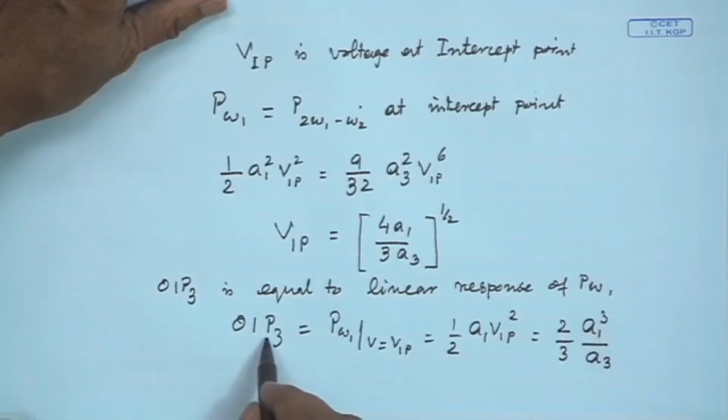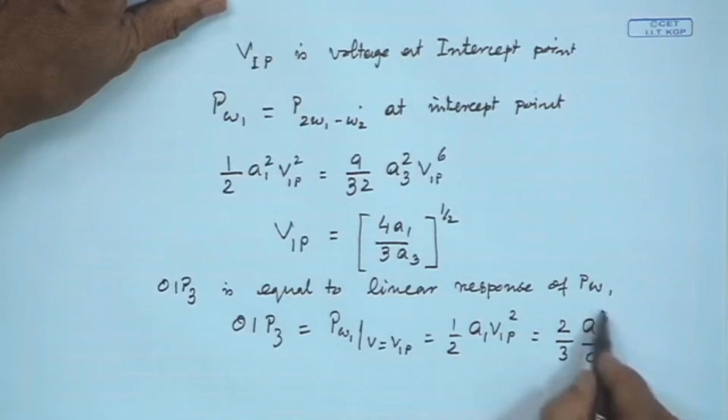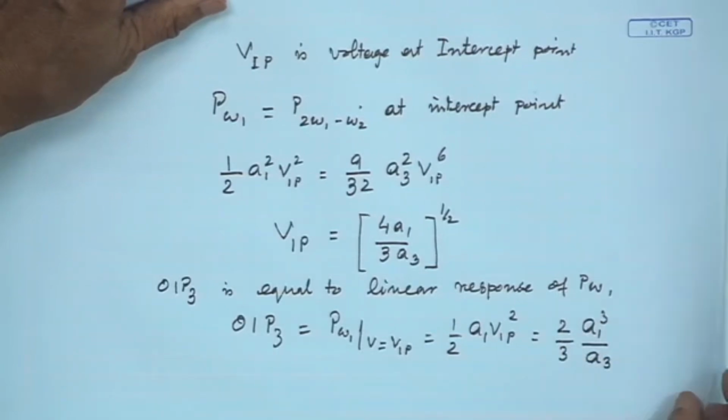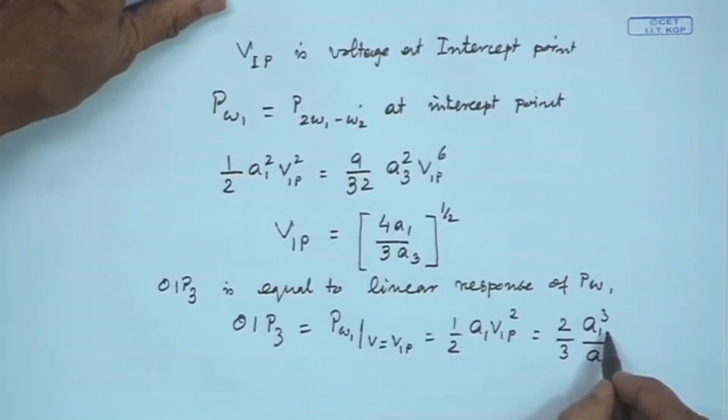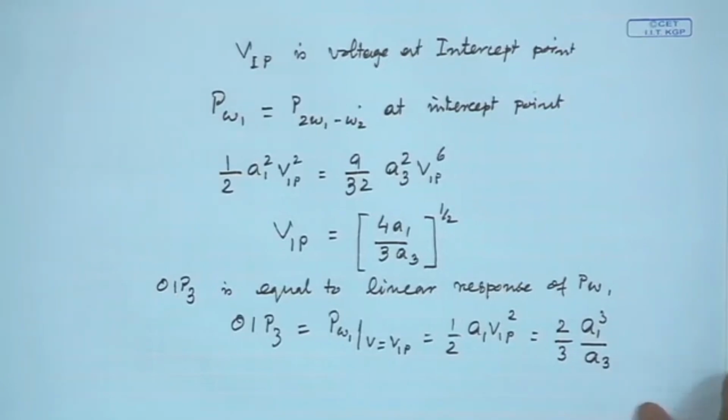So, now OIP3 can be expressed in terms of the Taylor coefficients A1 and A3. OIP3 is equal to 2 by 3 A1 cube by A3.